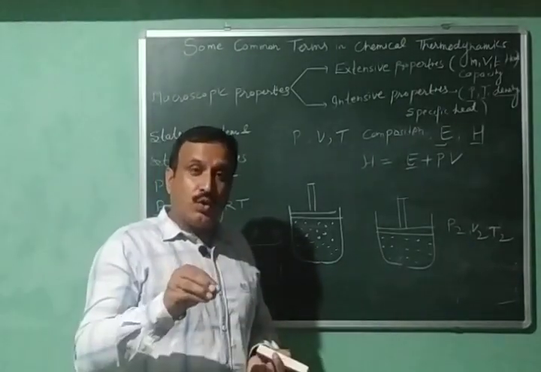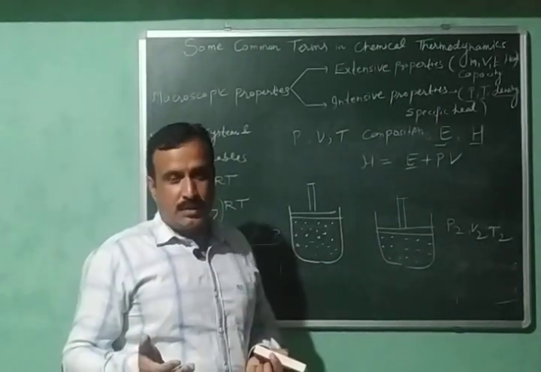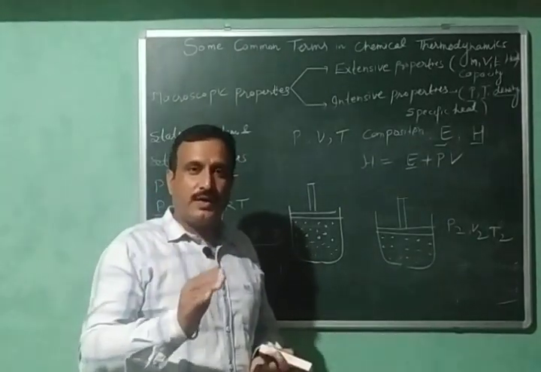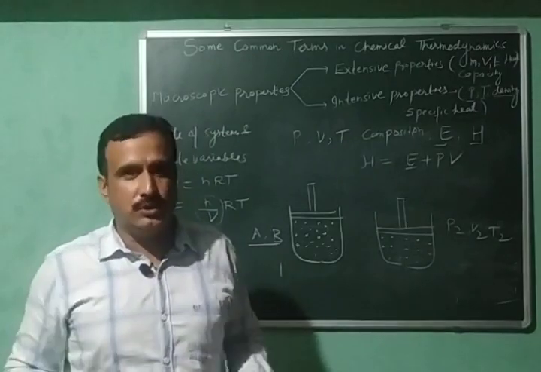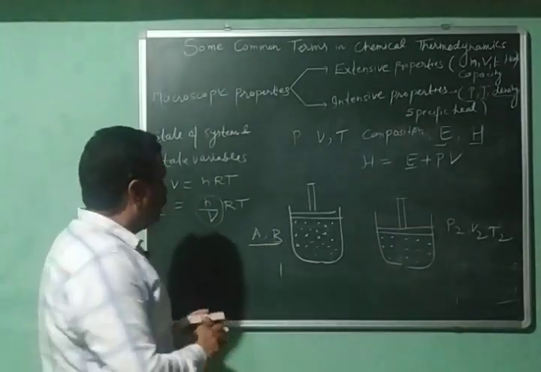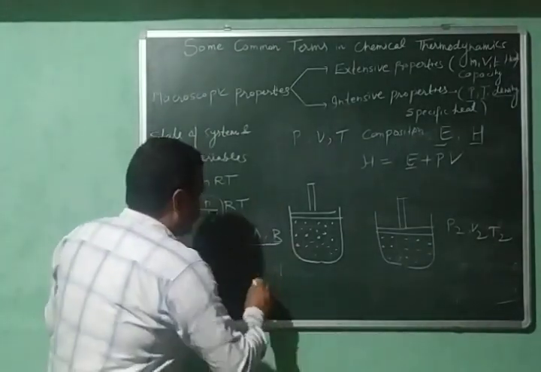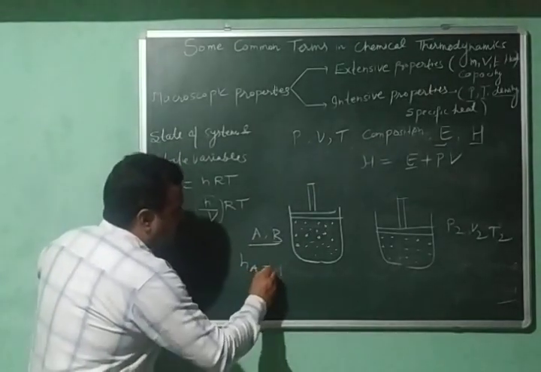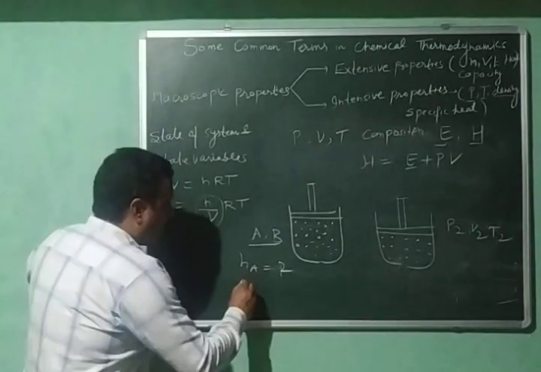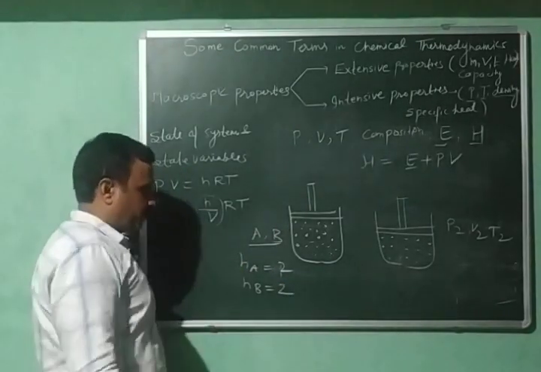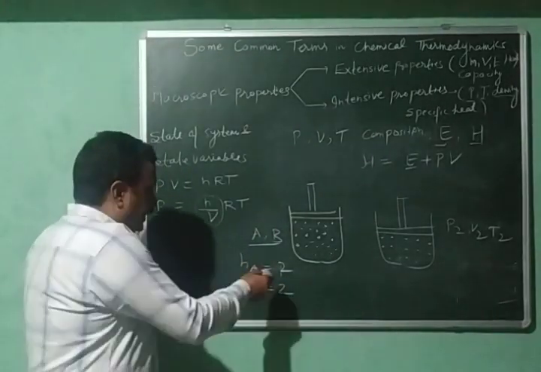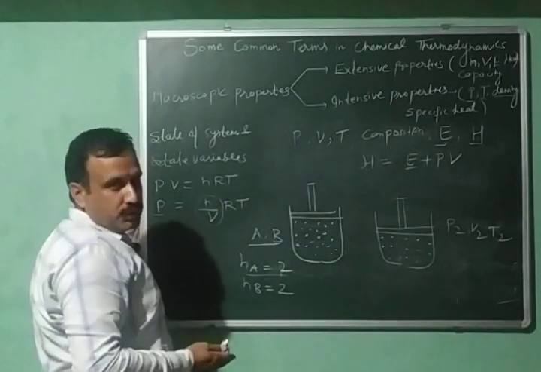And if I know their percentage, and the percentage of A and B can be easily calculated from the number of moles. For example, suppose the number of moles of A is equal to 2 and the number of moles of B is also equal to 2, then what is the percentage composition?